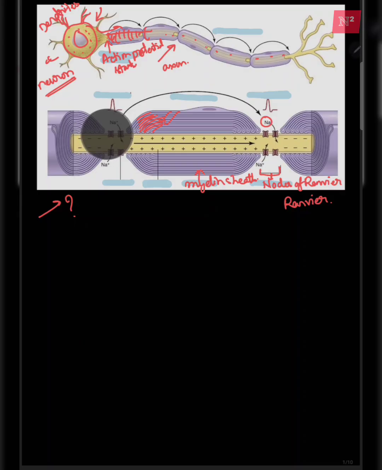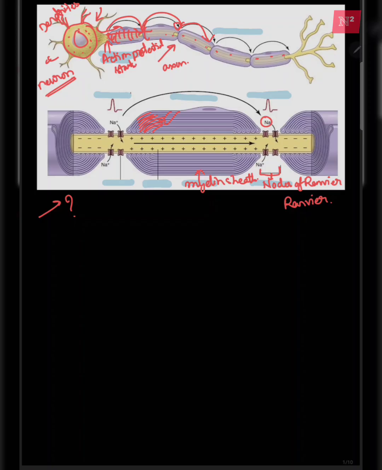Now in the nerves, the spatial propagation of the action potential that arrives in the cell body by the help of the dendrites starts from the junction of the cell body and the axon. Okay, it jumps from one node of Ranvier to the other node of Ranvier.